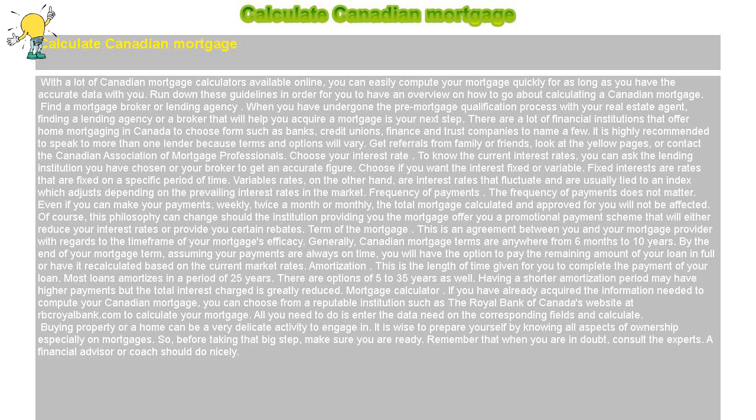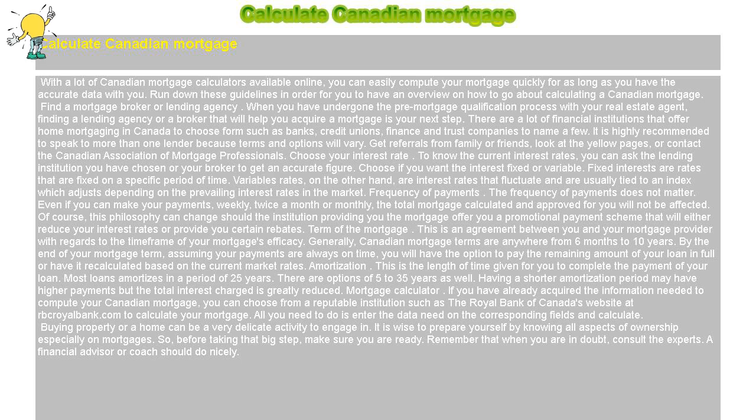Fixed interests are rates that are fixed on a specific period of time. Variable rates, on the other hand, are interest rates that fluctuate and are usually tied to an index which adjusts depending on the prevailing interest rates in the market.